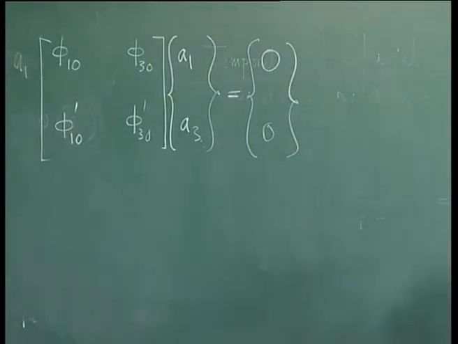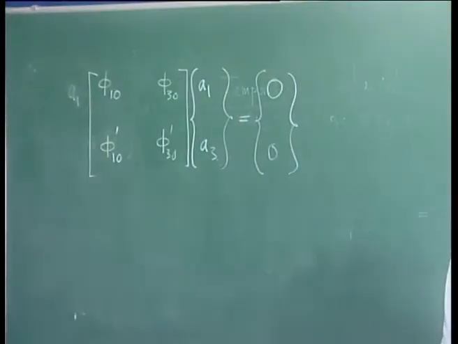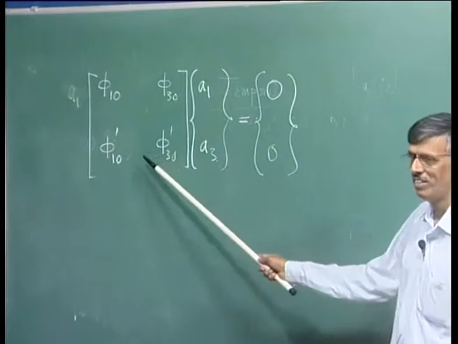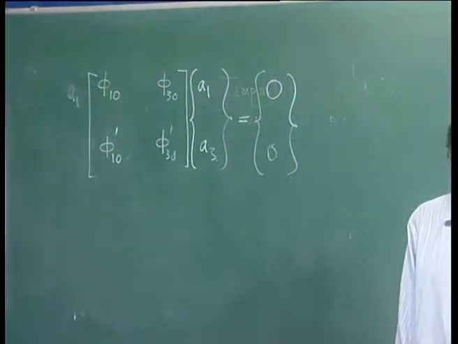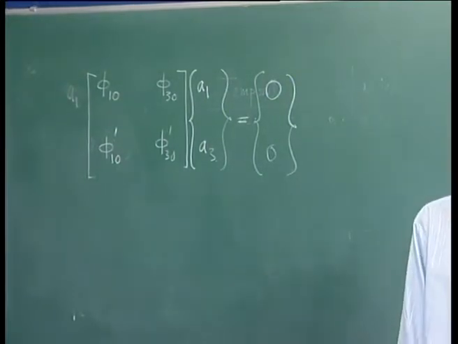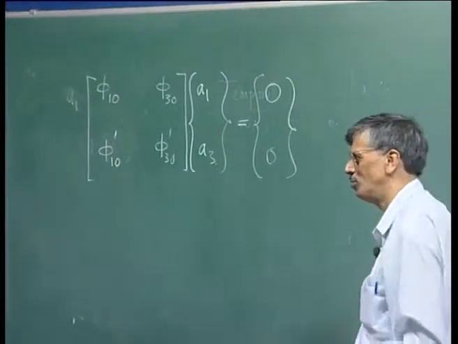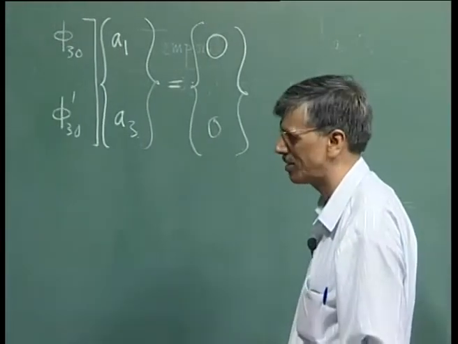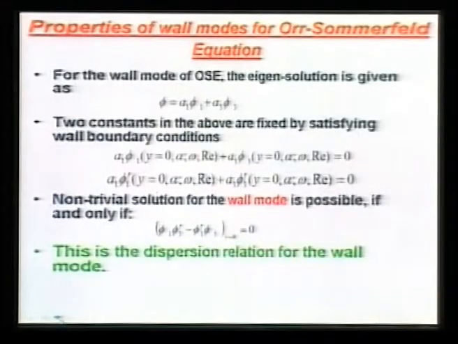Then we are trying to look for a non-trivial solution for A1 and A3. How can that happen? It can only happen if this matrix is singular, right. How can it happen? The determinant of that matrix equal to 0. And you see how they make life complex by just simply saying that this is equal to 0.